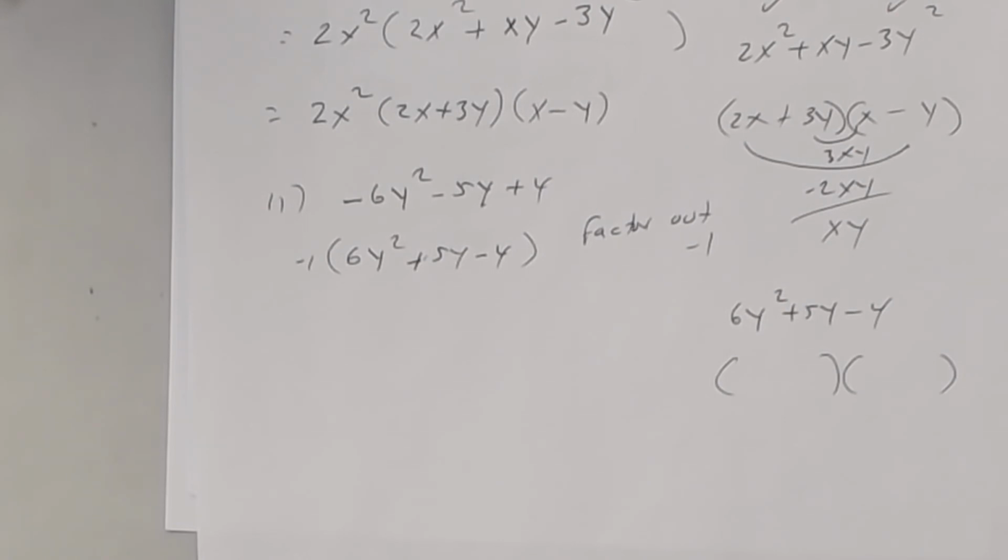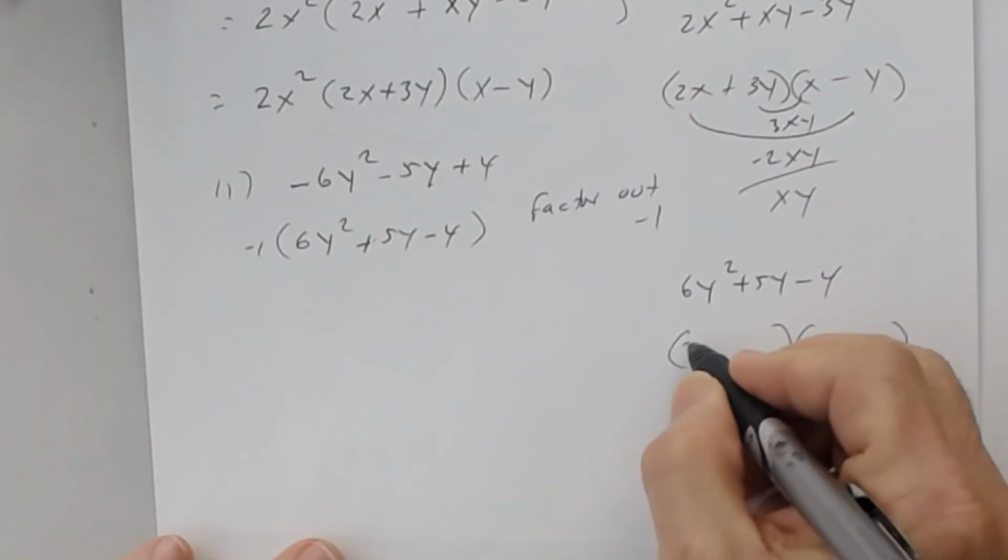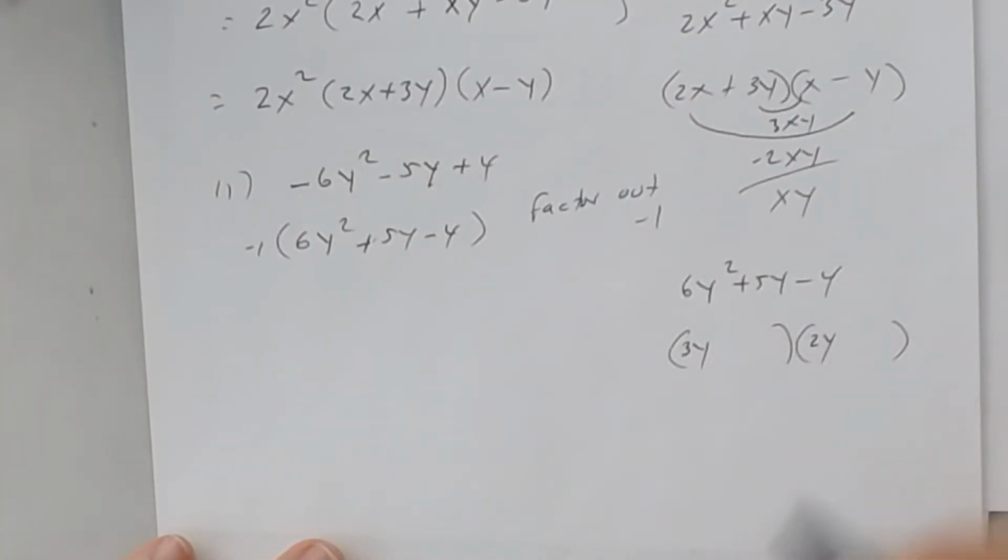So let's look at F. What are the possibilities for 6y squared? 3y, 2y, 6y, 1y, right? What do you want to try? 3y and 2y? If that doesn't work, we'll try 6y and y instead. So 3y, 2y.